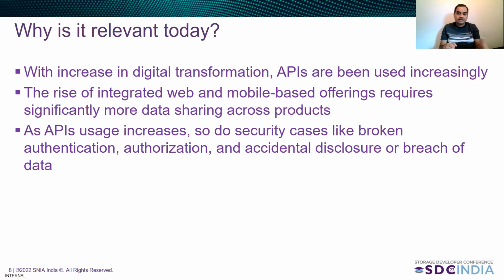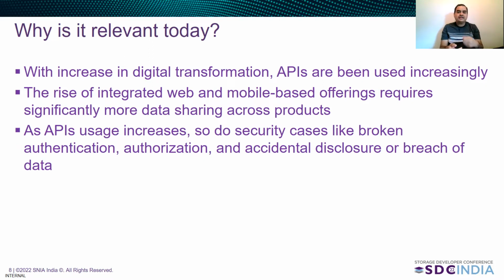Here you have a bunch of microservices communicating with each other, sharing information, right? So the situation becomes more complex, and from the security perspective, things are not that straightforward. The rise of integrated web and mobile-based offerings requires significantly more data sharing, and as API usage increases, so do the security cases. These are examples which we'll touch on later.